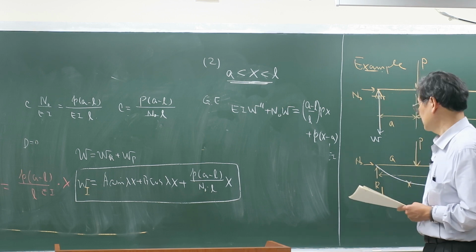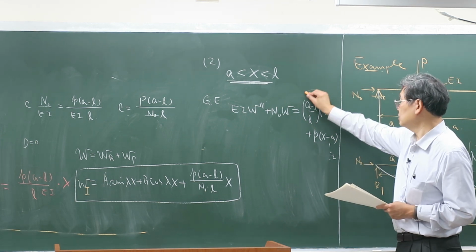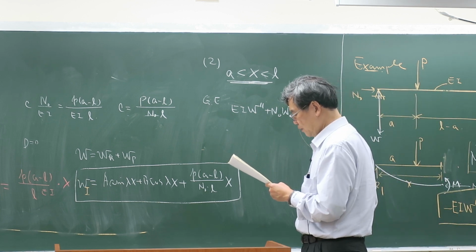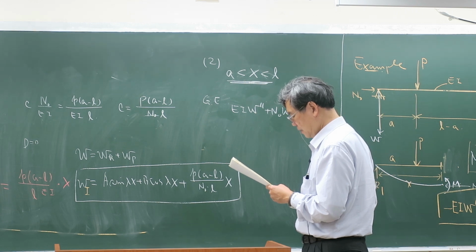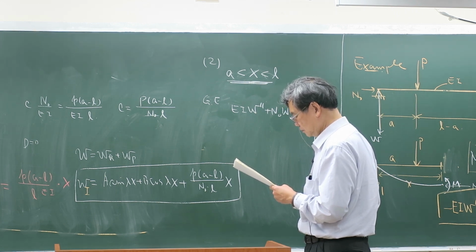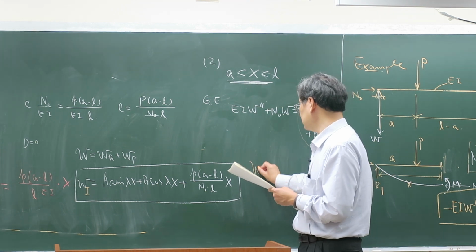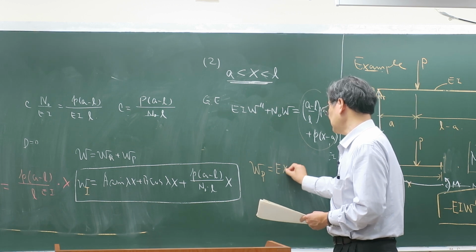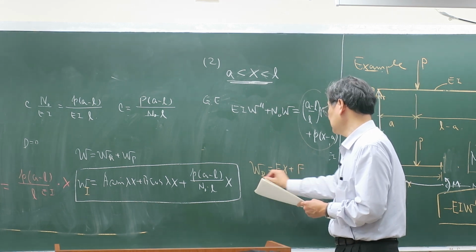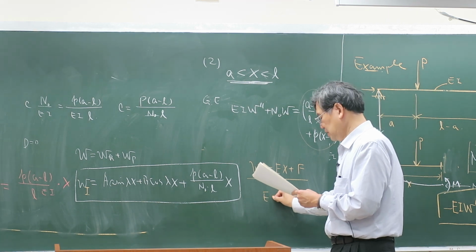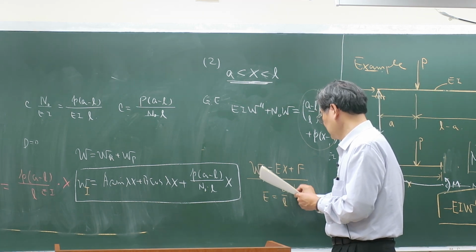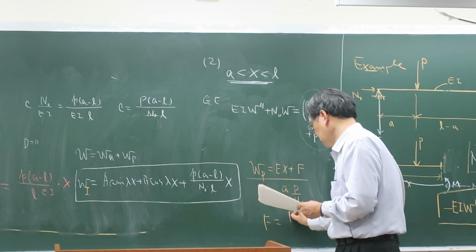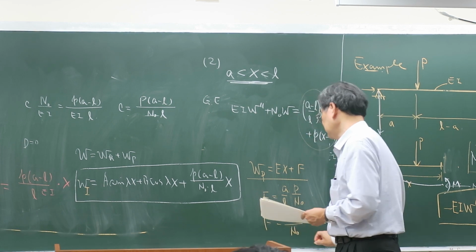Okay. So my non-homogeneous term becomes this thing, and we can also find a particular solution, assuming it's Ex plus F, and you can find E is equal to A over L P over N0 and F is minus P A over N0.